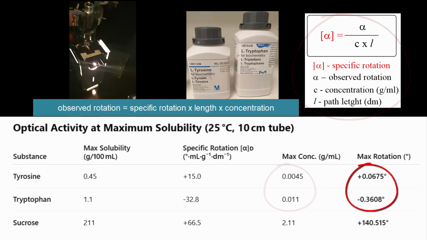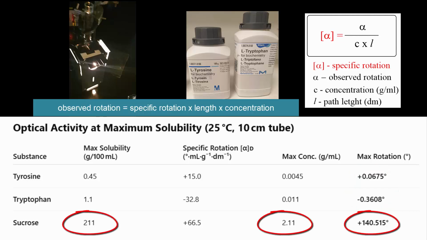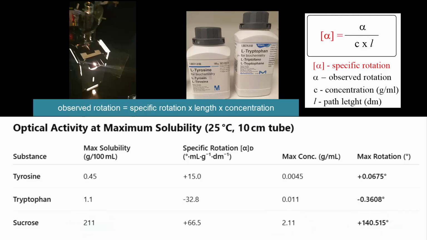I'm not going to be able to see a fraction of a degree, whereas the sugar here is like 200 times more soluble, and so you can see a massive rotation. And the other issue is once you rotate above 180 degrees, if it's really long, you're not going to be able to know how much it's rotated, but I'll get to that in a second. So that's another issue as well.